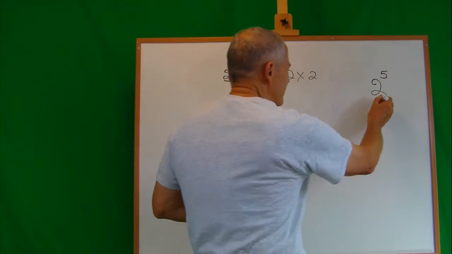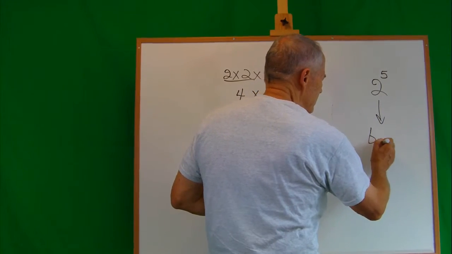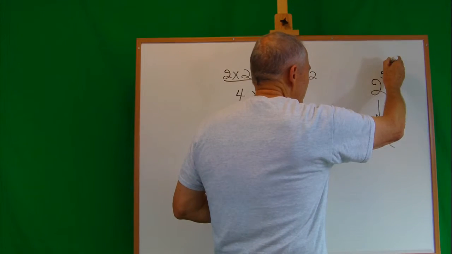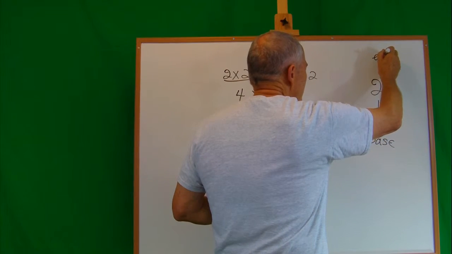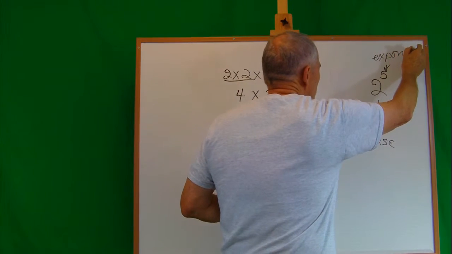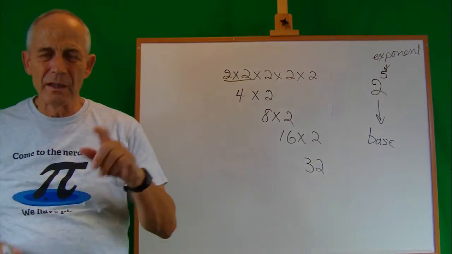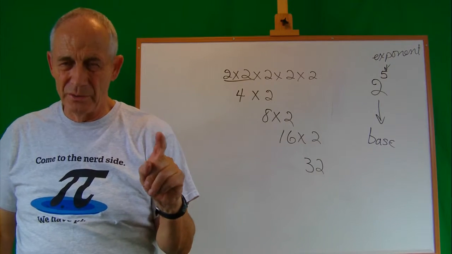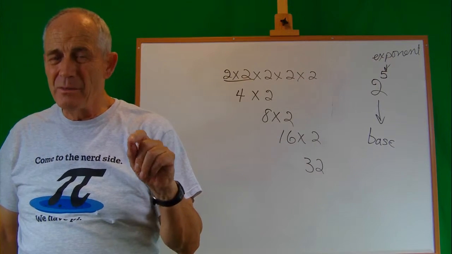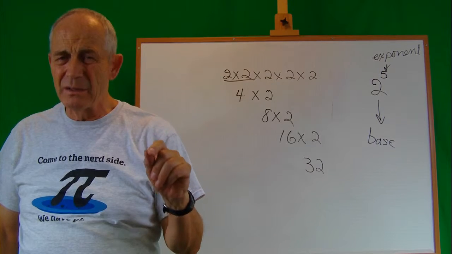So this is called the base. This is called the exponent. In other words, the exponent tells you how many times you multiply that base number times itself.